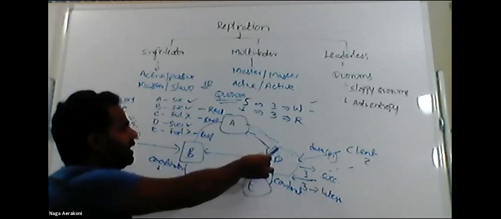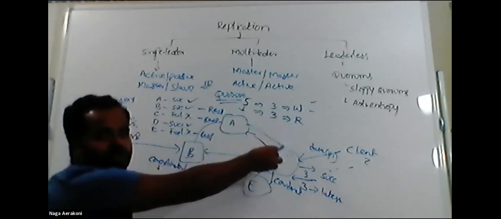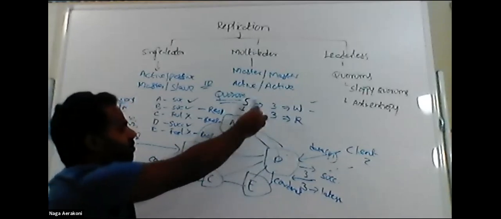And whenever you read the data, you at least expect a successful read response from 3 of them. Then you can serve that read. So that's the quorum condition.